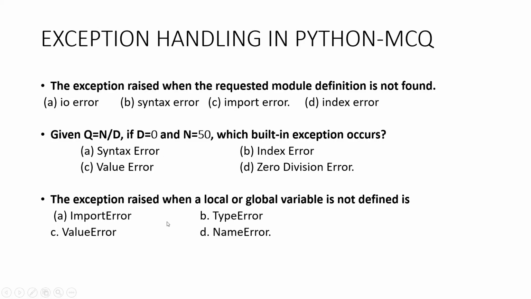Now, any question will be drawn from either the understanding category, the knowledge-based category, or the application-based category. Here, I would like to highlight the second question, given Q is equal to N divided by D. It is an application category kind of question. This requires a lot of knowledge and understanding.